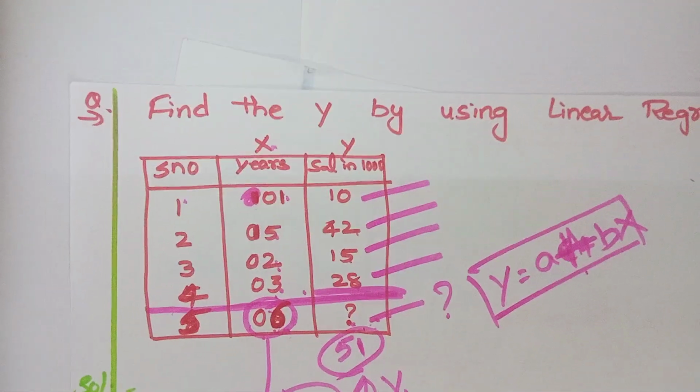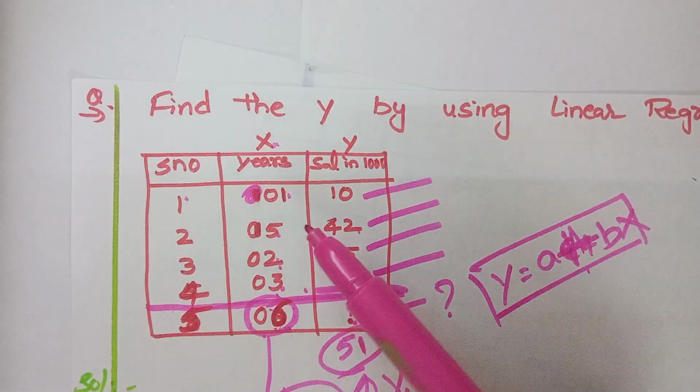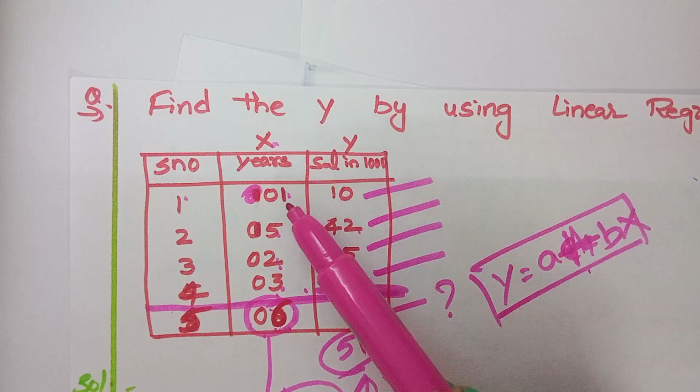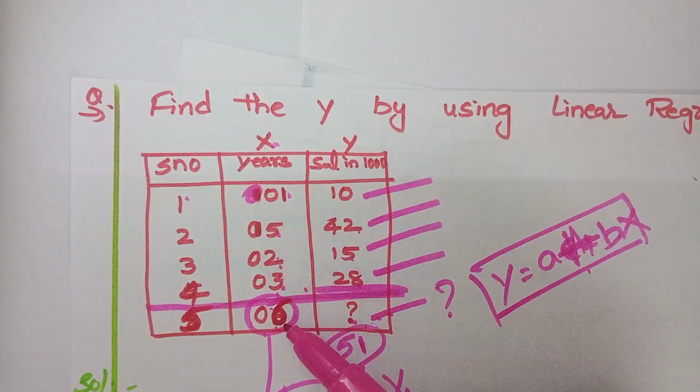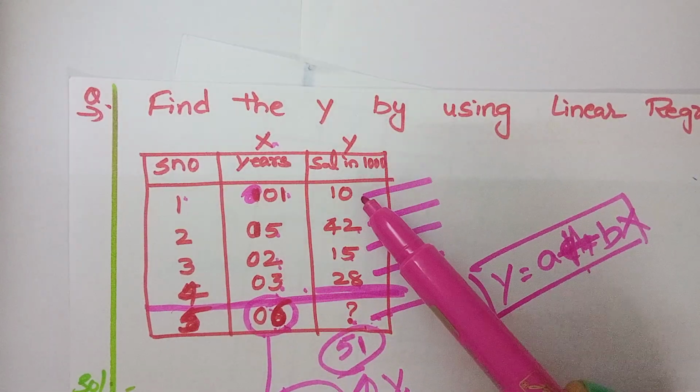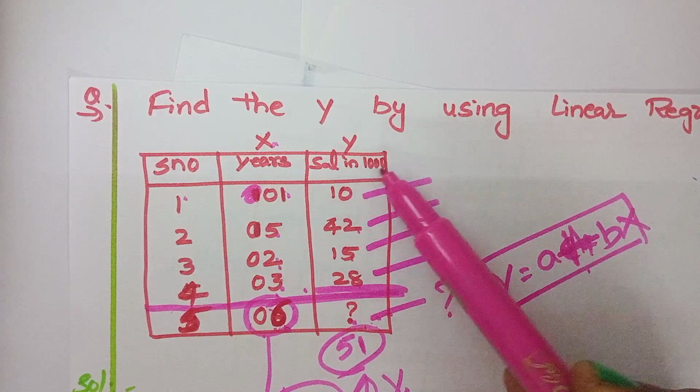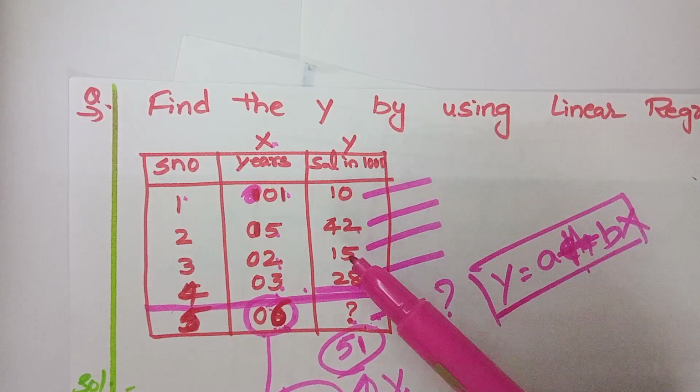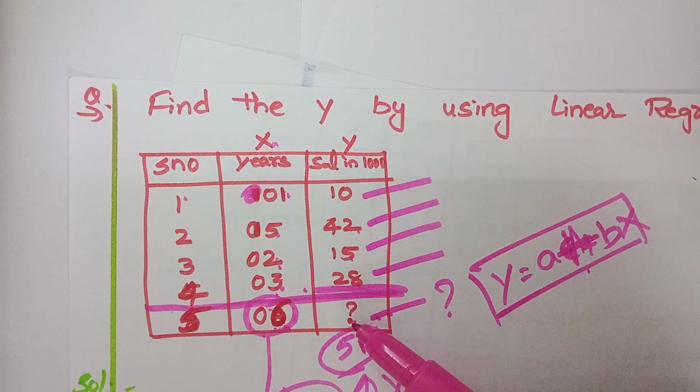Okay, this is the example. Find the y using linear regression. Here x is years, given 1, 5, 2, 3, 6 and y is salary, given in thousands: 10,000, 42,000, 15,000, 28,000.